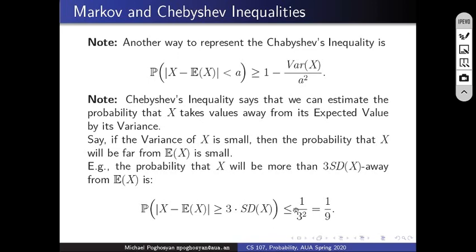So this is by the Chebyshev inequality less or equal than this number squared, so 1 over 9. So we have only a 1 over 9 chance that x will be away from its mean more than 3 standard deviations. And this works for any random variable x from any distribution.